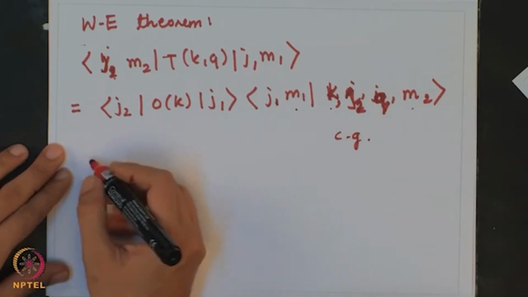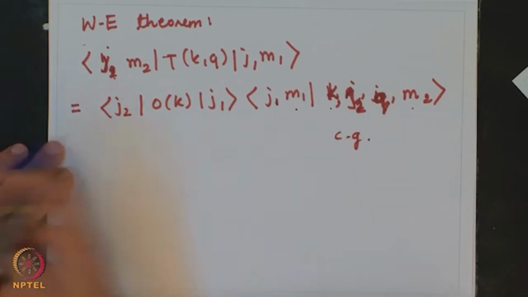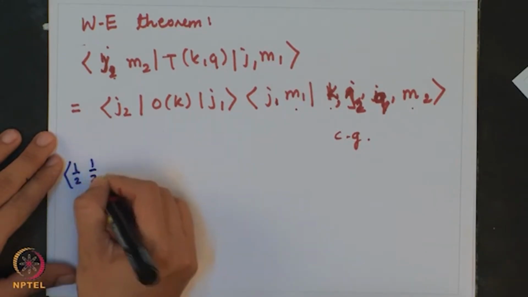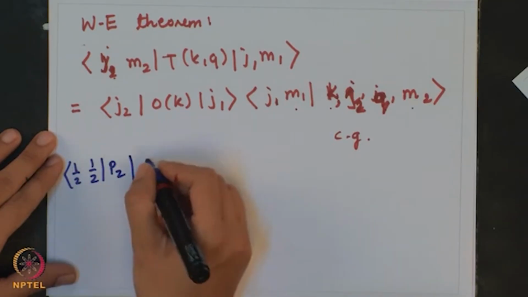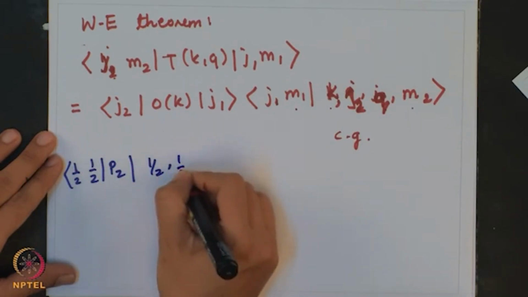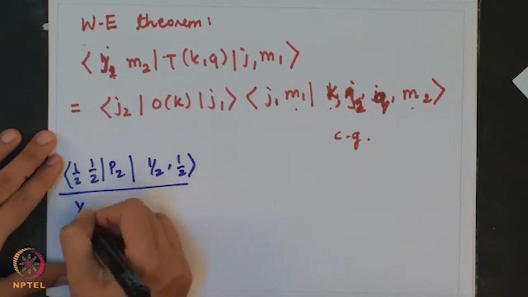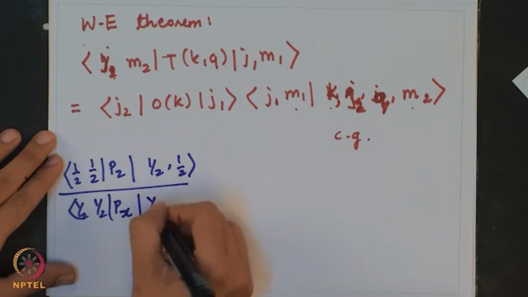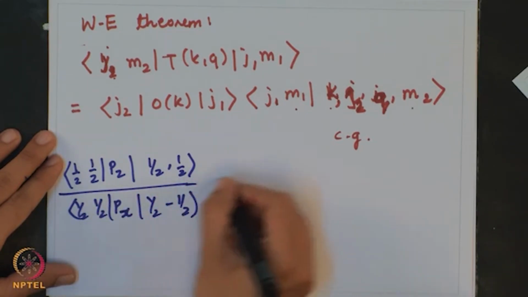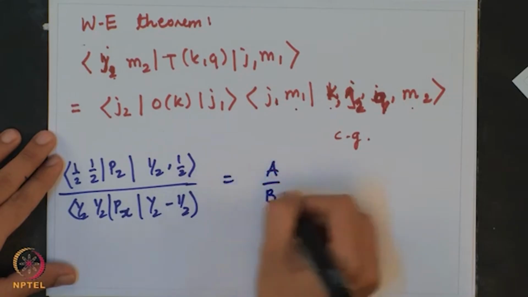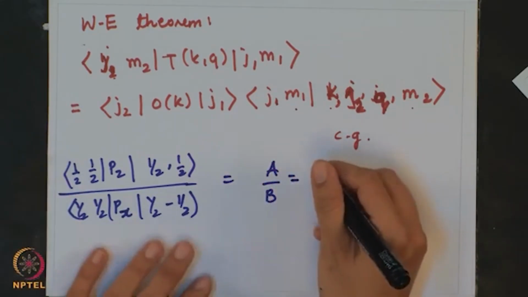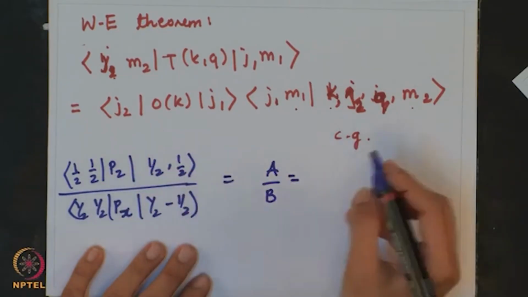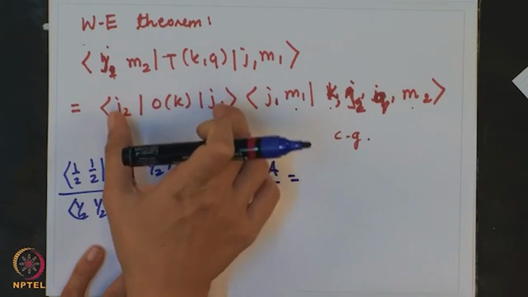So, for the case of pz, that is, <1/2|pz|1/2> divided by <1/2|px|-1/2>, this is A by B, and this can be rewritten as two terms in which the constant terms exactly cancel.